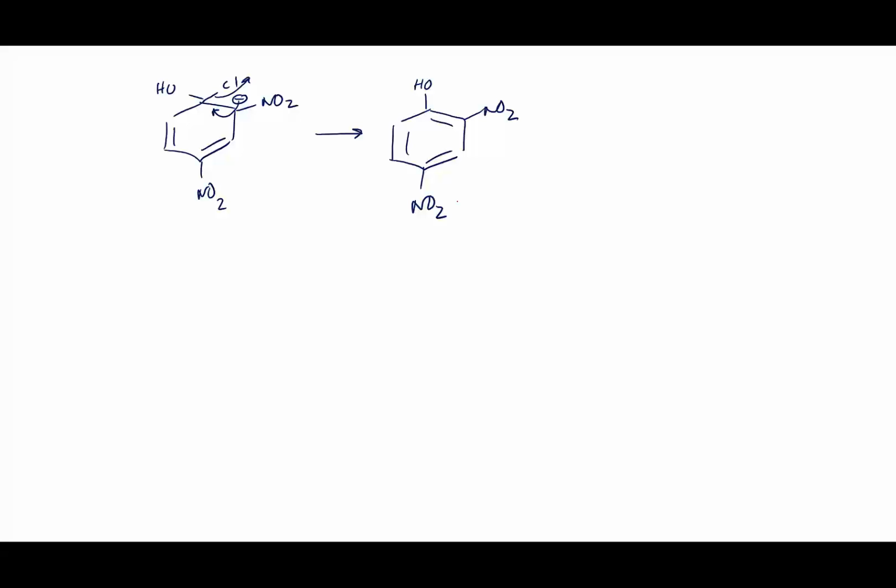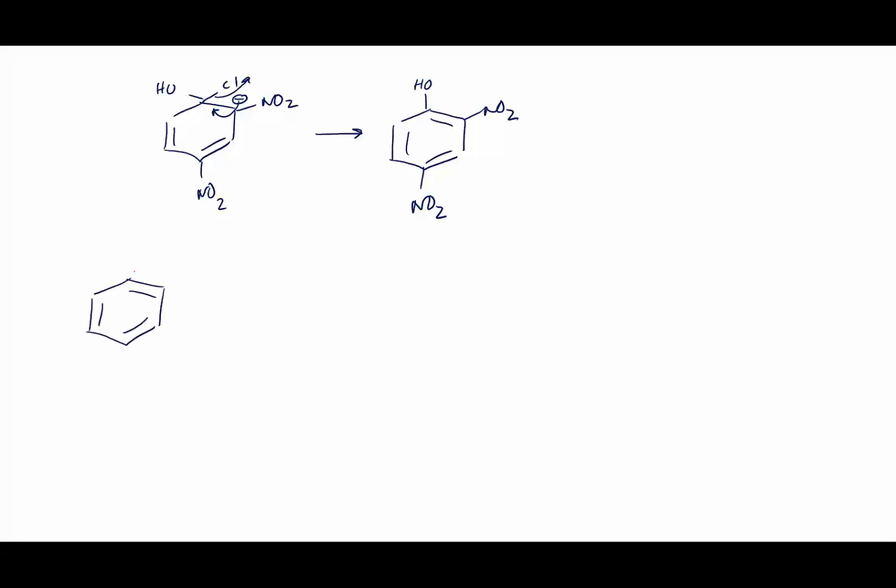And nitros are the best because they're the most electron withdrawing, which means they're able to stabilize the negative charge the most. So you can substitute for that halogen or other leaving group by doing this kind of reaction. That's an activated ring.